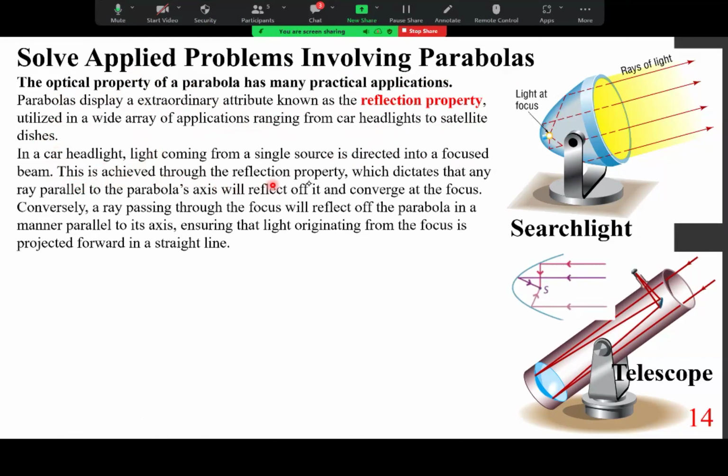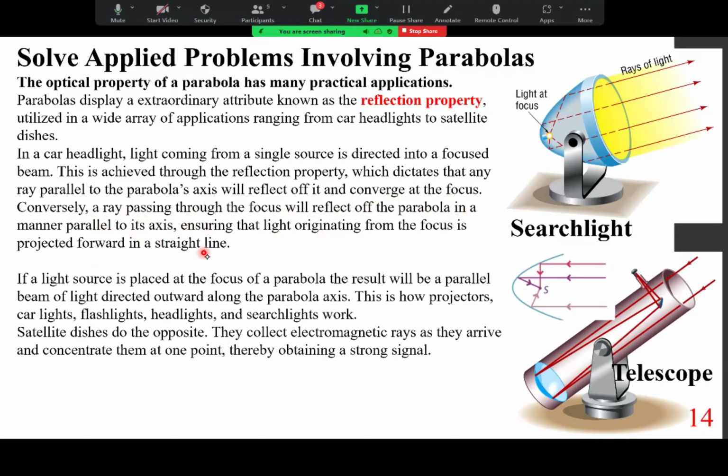This is achieved through the reflection property, which dictates that any ray parallel to the parabola's axis will reflect off it and converge at the focus. Conversely, a ray passing through the focus will reflect off the parabola in a manner parallel to its axis, ensuring that light originating from the focus is projected forward in a straight line.